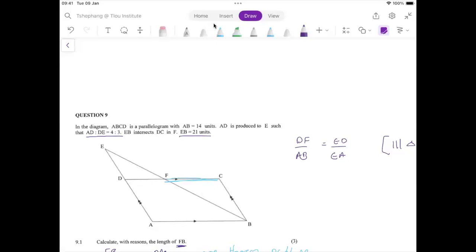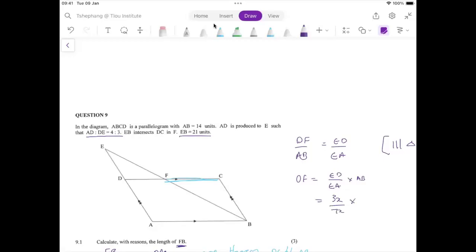Now let's substitute what we have. So DF is equal to ED over EA times AB. Then substitution now. So ED, we can use 3x. EA, we can use 7x. Yeah, we used it before.